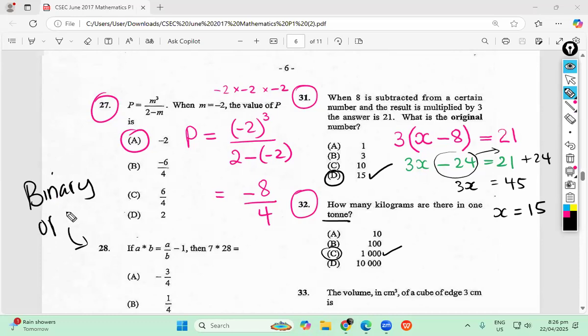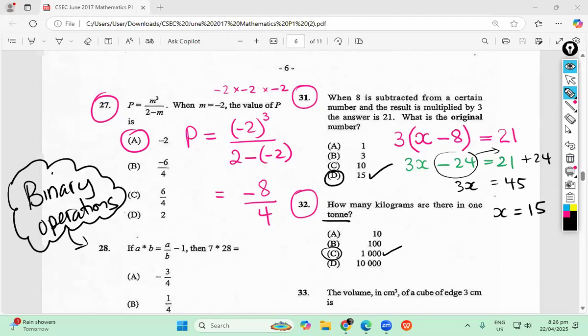Binary operations, right? To be honest, just go to the maths classroom and use the search function. I didn't get a chance to teach it, but I'm hoping to complete it, to get 2 things done this Monday coming before the exams. I think we have 1 more week before the actual exam, right? But it's a pretty easy topic, right?